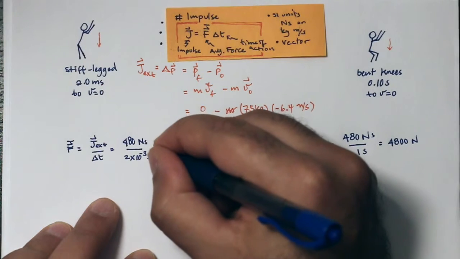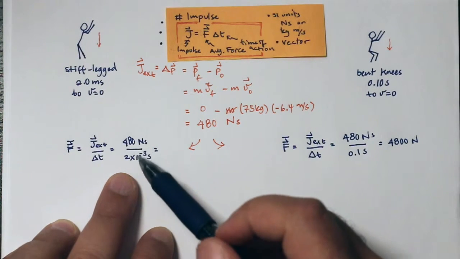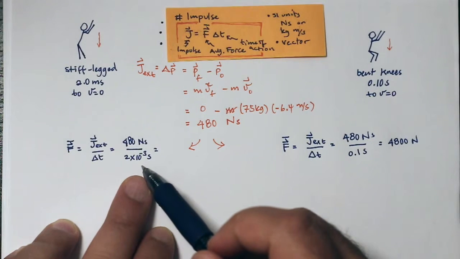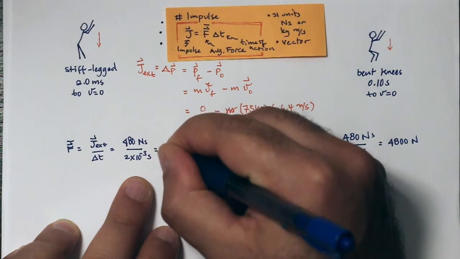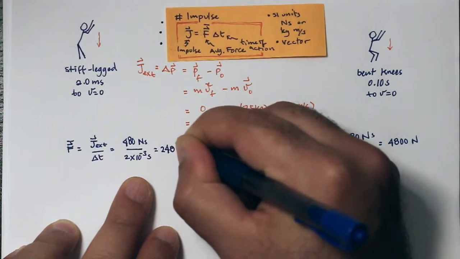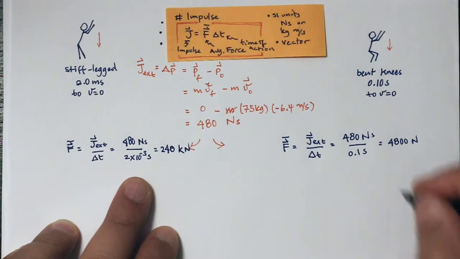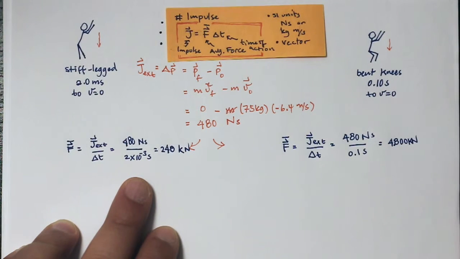And here, if you work this out, 480 divided by 2, that's 240, divided by 10 to the minus 3 makes it 10 to the 3, so sorry, 240 kilonewtons. And this one here is 4.8 kilonewtons.